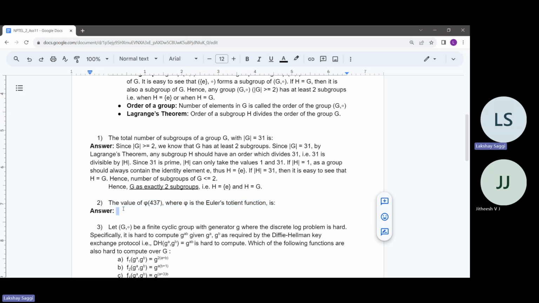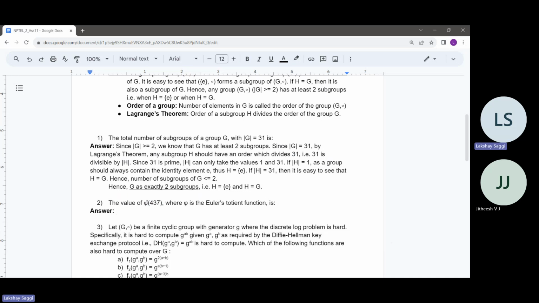We need to calculate just this value, phi of 437. This has been discussed in the lectures, that the value of this function can be calculated very easily, and I'll show you how.